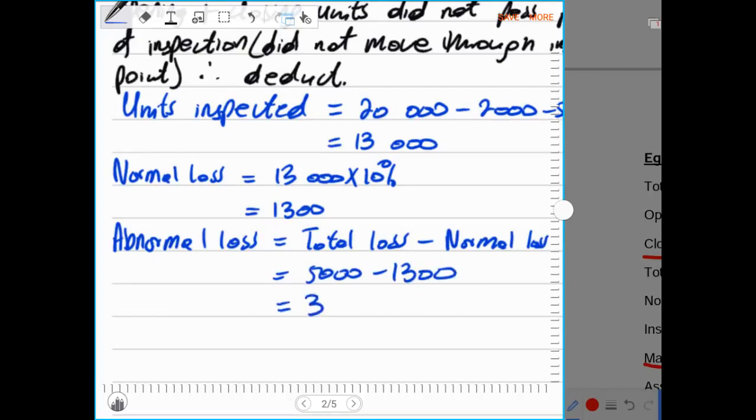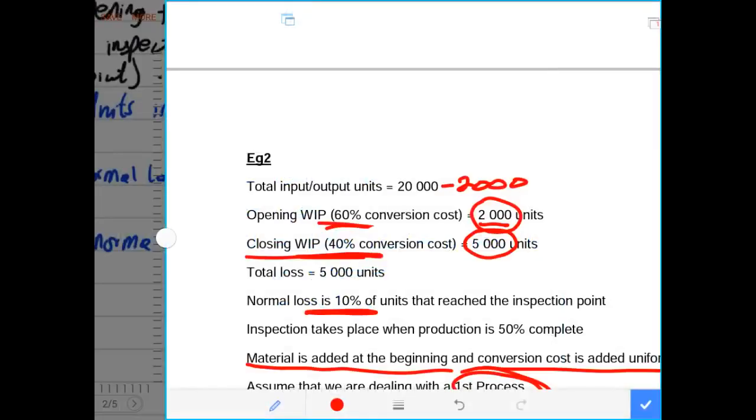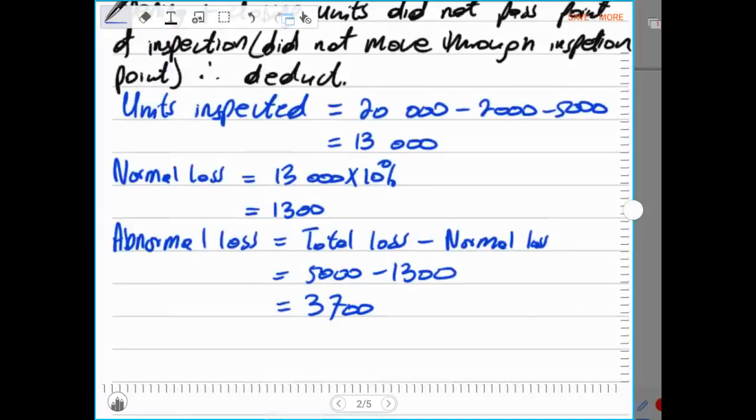Therefore, that will give us 3,700 units as abnormal loss. Let us check our total loss. It is correctly 5,000 units. So we set total loss, which is 5,000, less 1,300, which is the normal loss, and that gave us 3,700 as our abnormal loss.